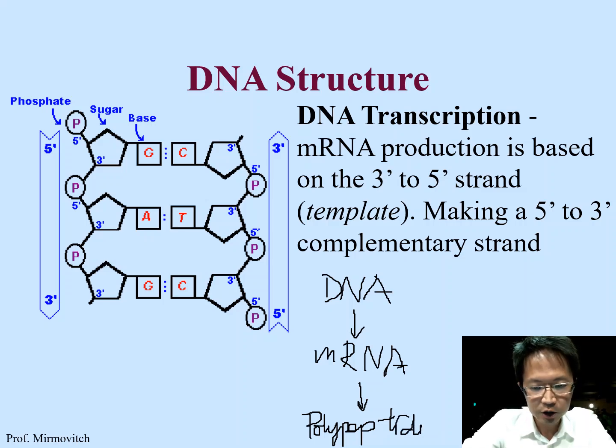We call this central dogma. Basically, it's like the golden rule. Why do we call it central dogma? Because there is DNA to messenger RNA to polypeptide.